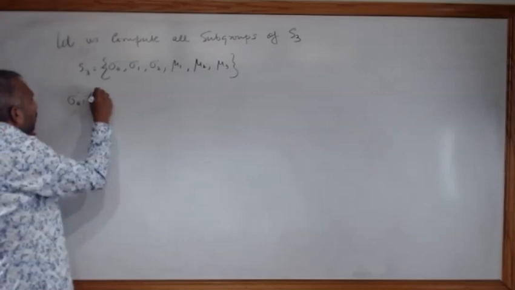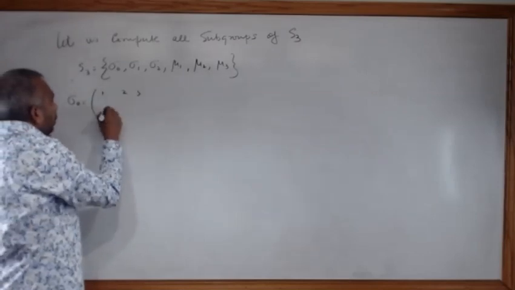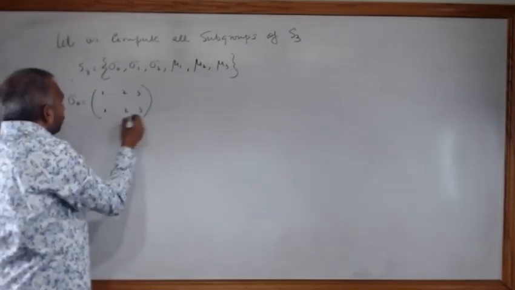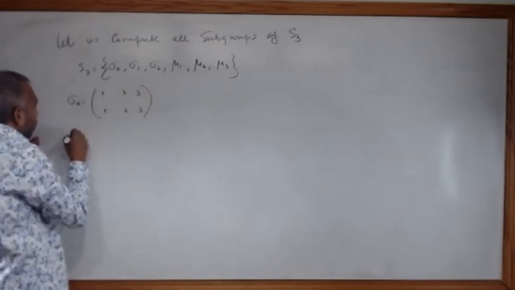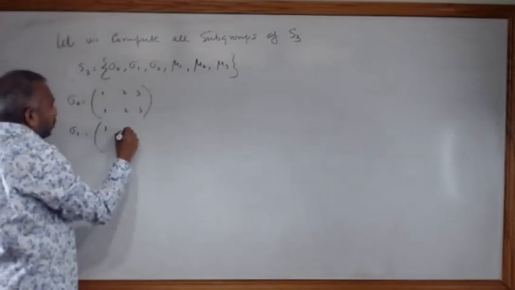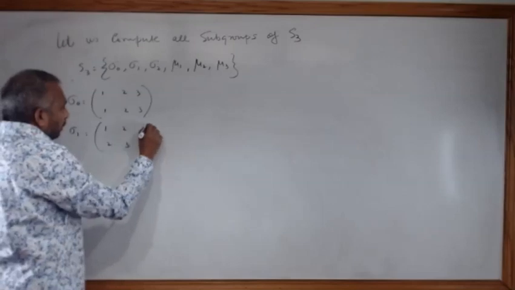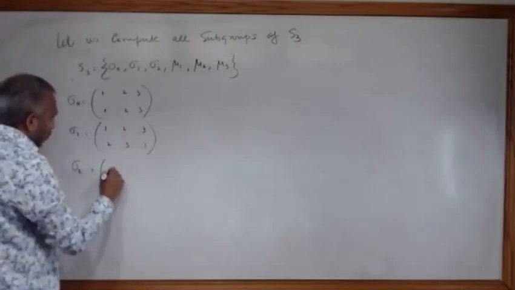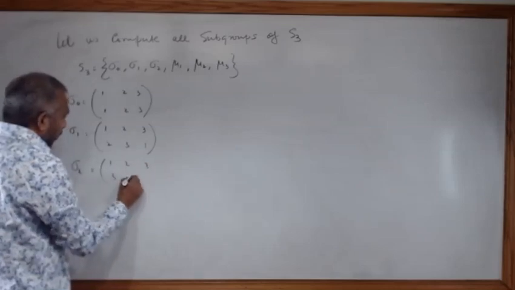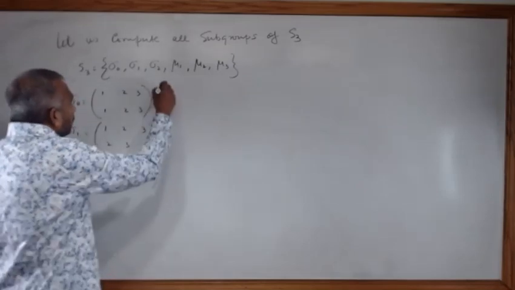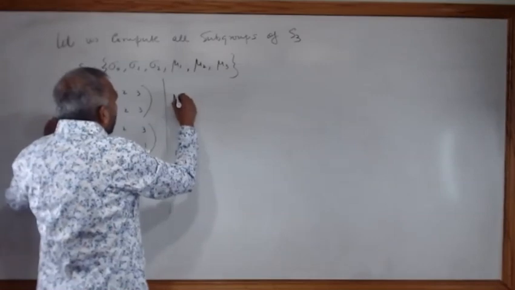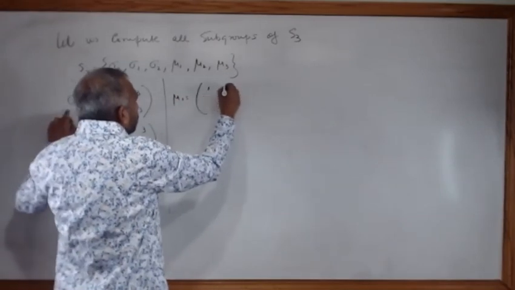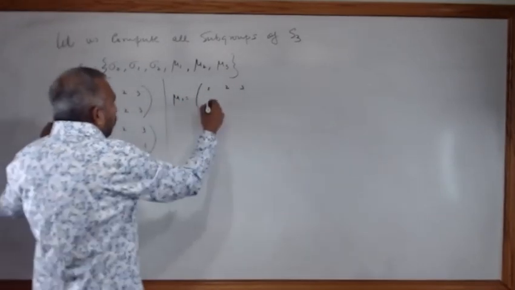sigma 0 is equal to 1, 2, 3, 1, 2, 3. Sigma 1 is equal to 1, 2, 3, 2, 3, 1. Sigma 2 is equal to 1, 2, 3, 3, 1, 2. And mu 1 is equal to 1, 2, 3, 1, 3, 2.